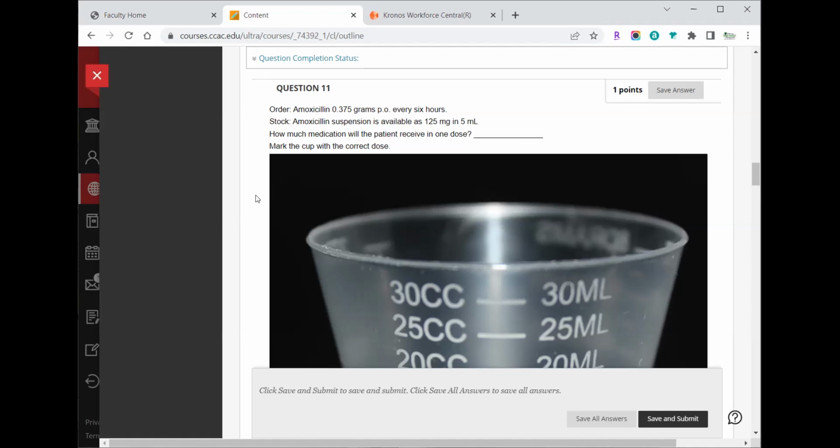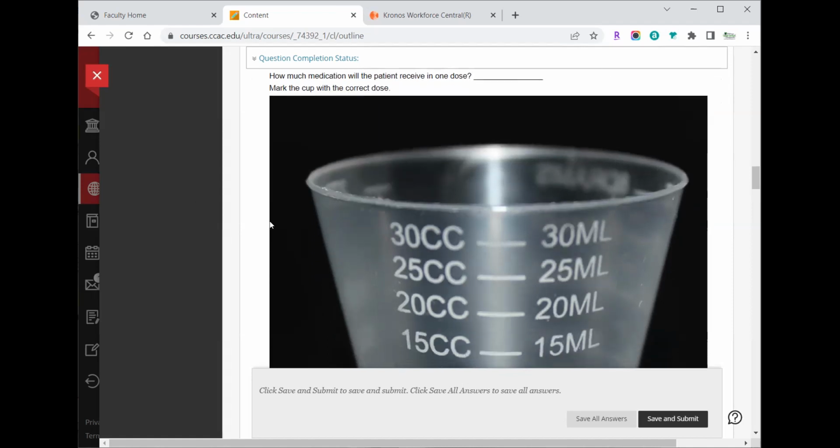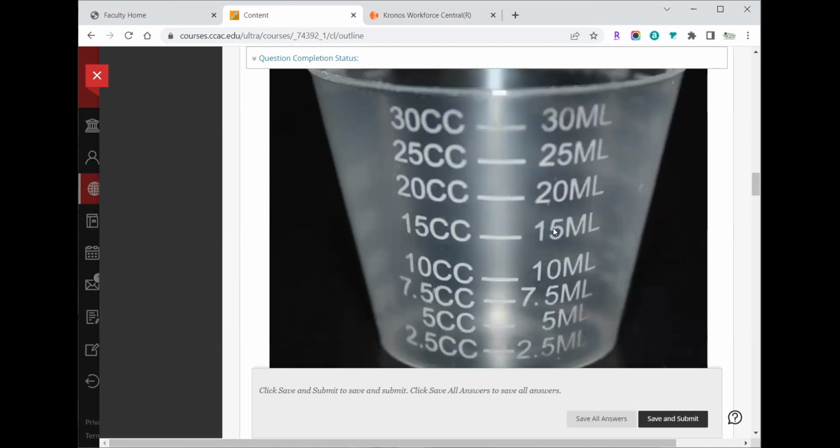So I would take that 0.375 grams and convert it to milligrams, so 375 milligrams. And then if I'm doing ordered over have, which is a good method for this, I would take the 375, the order, over my available of 125. And then you're going to get 3, but you got to make sure you multiply by the quantity, which is 5. So you would drop a point at 15 ml.